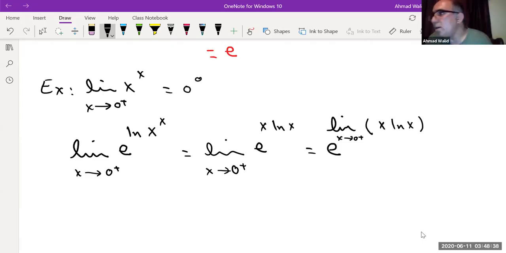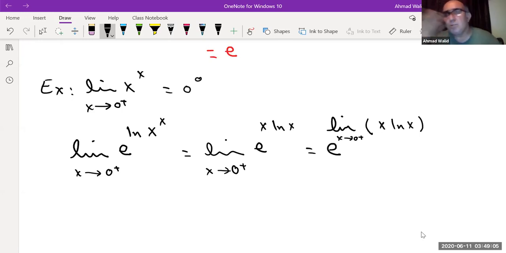In your book, in some classes, usually they say, okay, don't write the e anymore, deal with this limit, which is limit of x ln x. And in part 1 of this lecture, you learned how to deal with x ln x. Then at the end, that limit will become the power of e.